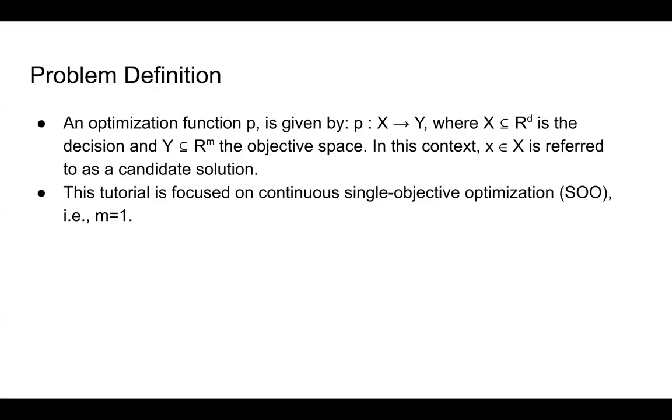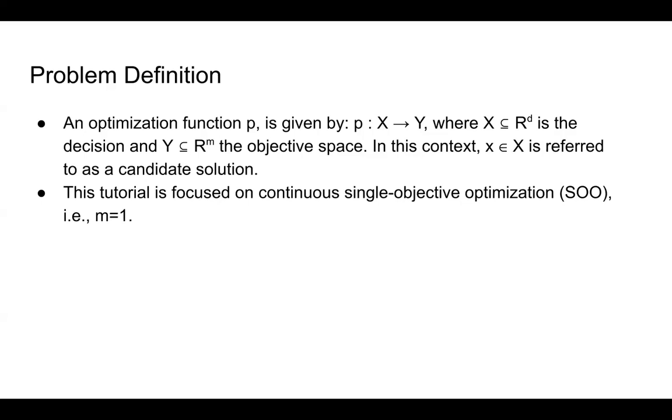So I will just briefly give the definition of what exactly we are dealing with, because some of you are probably not familiar. When we're talking about single objective optimization, we are talking about minimizing or maximizing some function, which in our case is just the mapping from the domain of real numbers to the domain of real numbers.